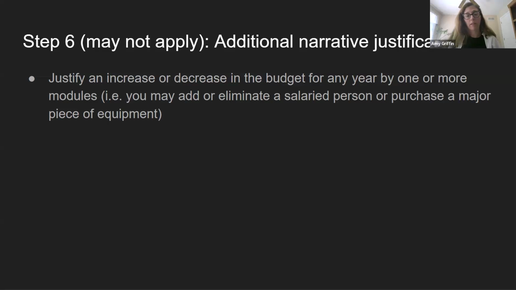And that makes perfect sense. If you only need a person for the first 3 years, then it's well justified to have them only listed the first 3 years, and then your budget would go down. A major piece of equipment usually would be in the first year. So a lot of grants that have uneven budgets from year to year have a larger budget in the first year than the subsequent years.